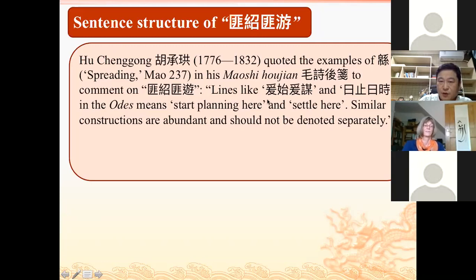Songs. For example, 原始原谋，约止约时。So 匪少匪游 actually is a binome used with an added particle 匪. So actually it's Xiaoyao.